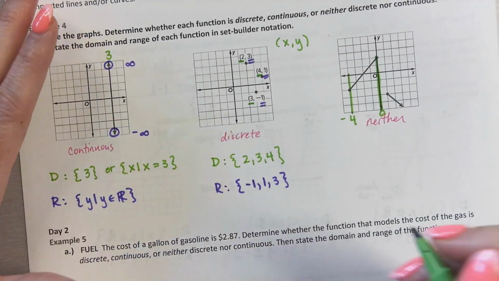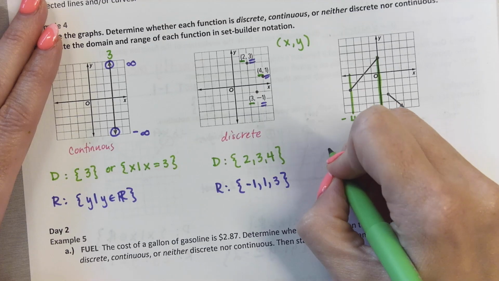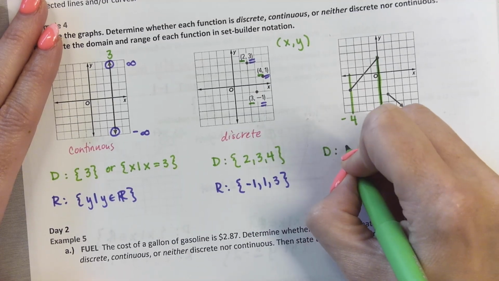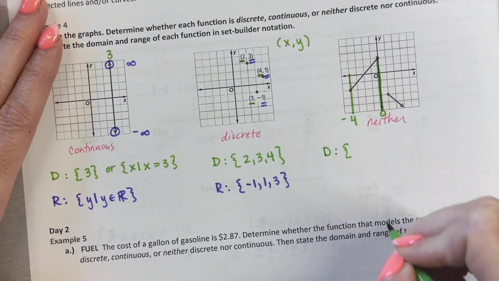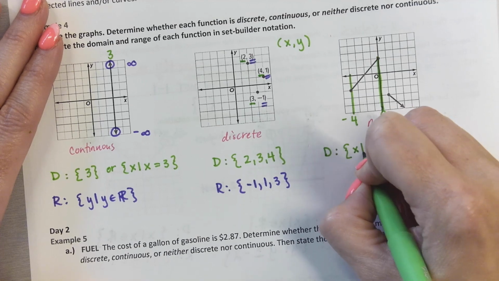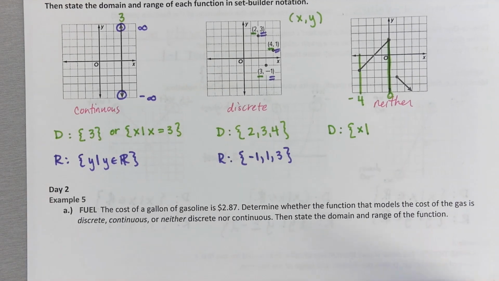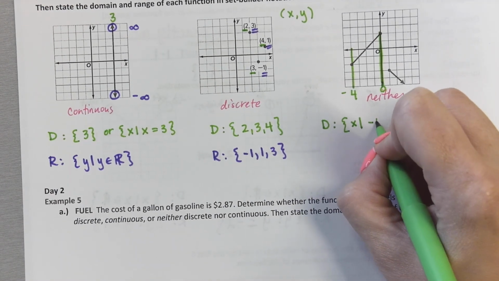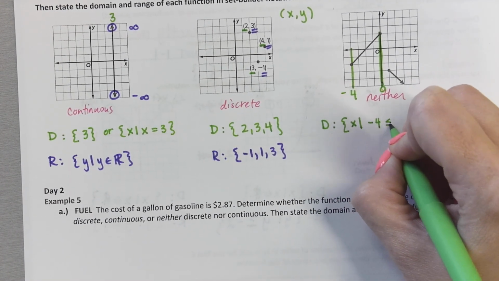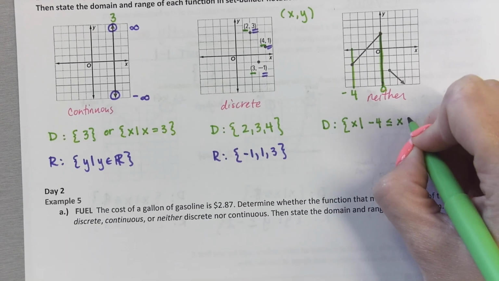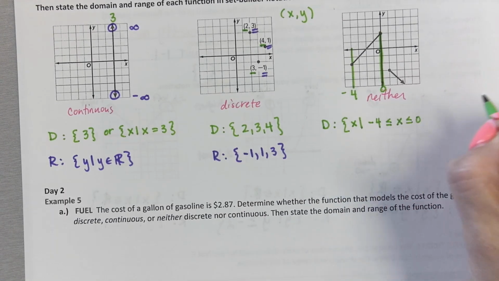Okay, so what we're going to do is we're going to make an inequality with that one first, and then we're going to try the next one. So this is x such that -4 is less than or equal to x, which is less than or equal to 0.